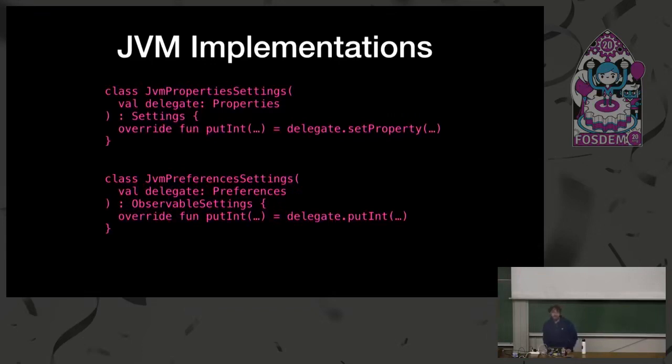But another thing I thought about is it is actually important to have that flexibility. Someone introducing multi-platform into their project that has a JVM target might be using lots of different things to do their existing key value storage. And the more things that my library can interop with, the easier it will be for them to use this library to add multi-platform support to their code.